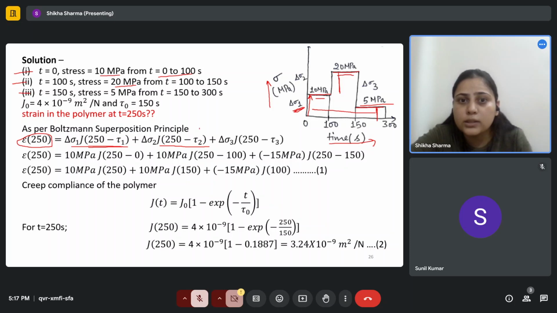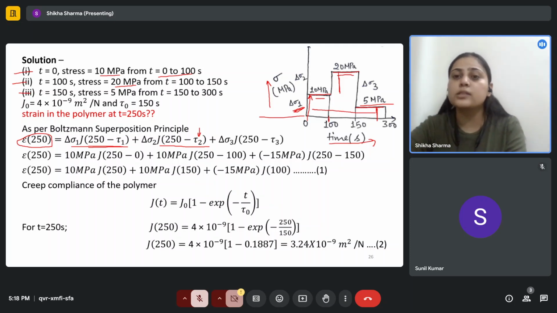Here this tau value is going to change, because for this, 0 is the base, right? From 0 this stress is applied. Afterwards 0 will not be there, then 100 will be there. From 100 this stress is being applied.